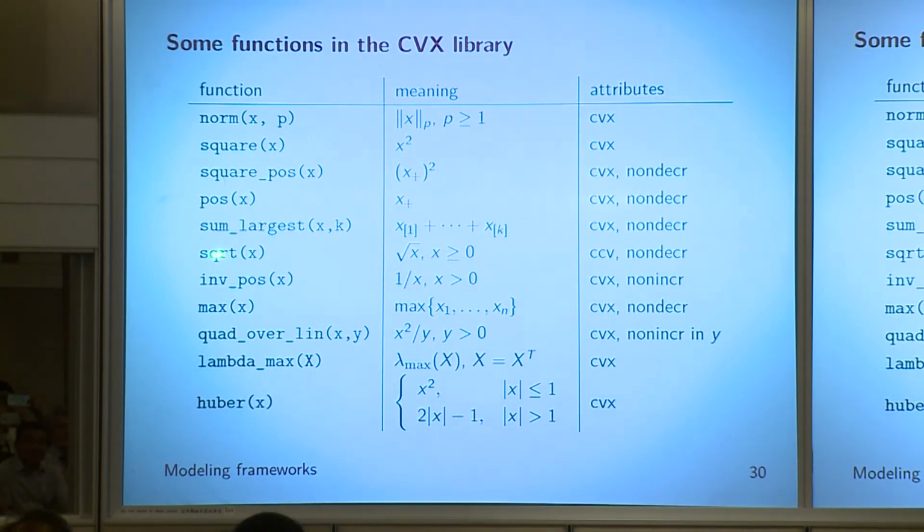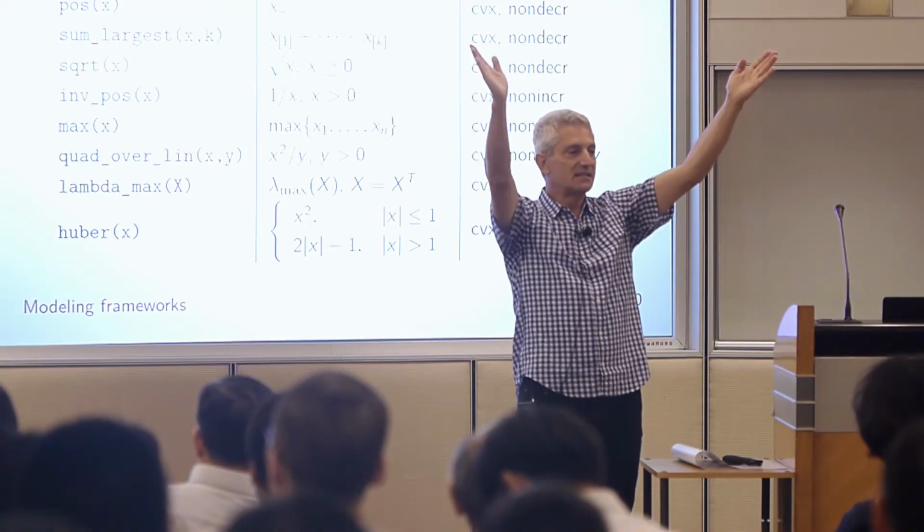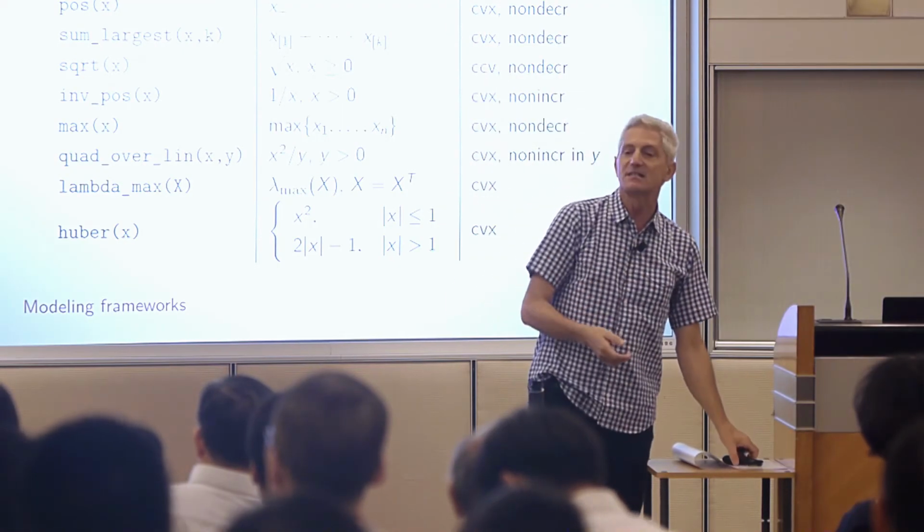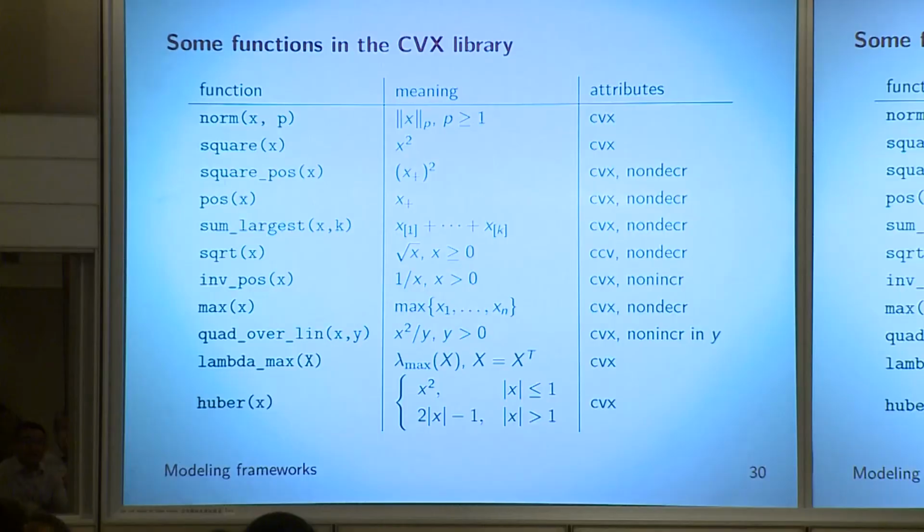Square root is there. Inverse pos max. Quad over lin is our famous function x squared over y. Lambda max. Huber is a function that is quadratic and then extended linearly, and it's used for robust estimation in statistics. There's not that many more, to tell you the truth.